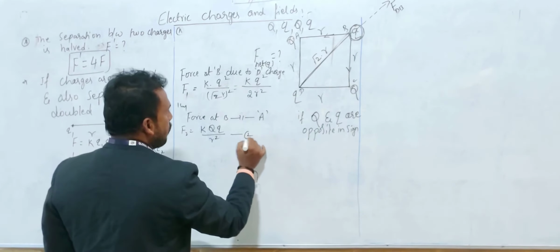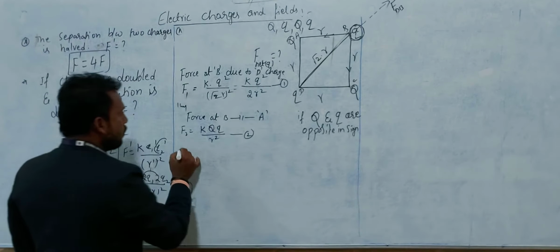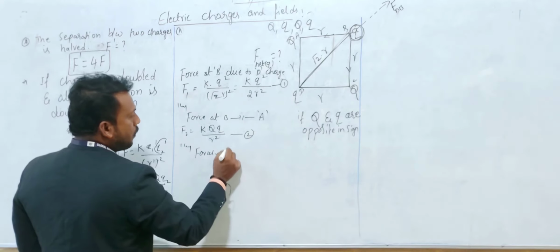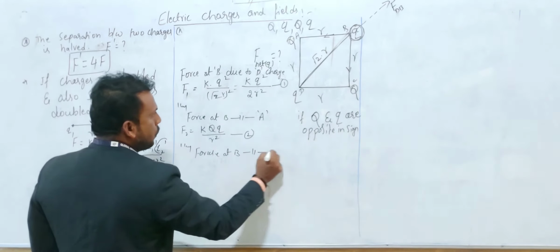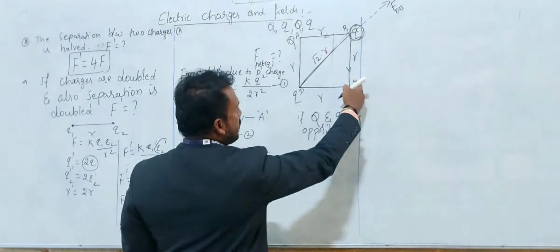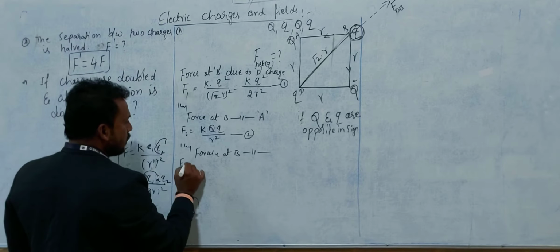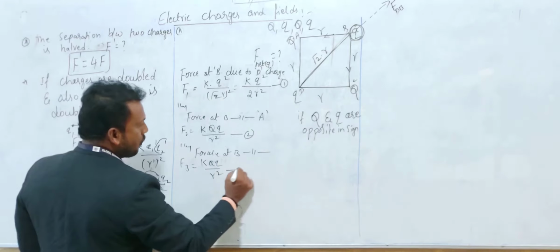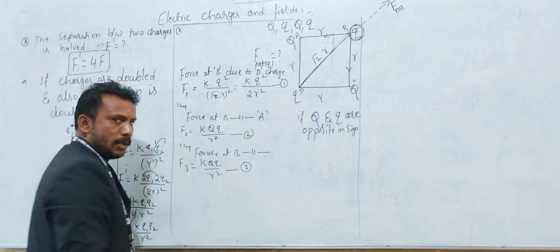Call it equation number 2. This is equation number 1. Similarly, force at B due to the charge placed at point C, capital Q. That is F3 is equal to K Q q divided by R square. Call it equation number 3.